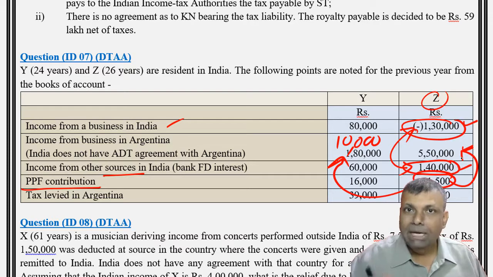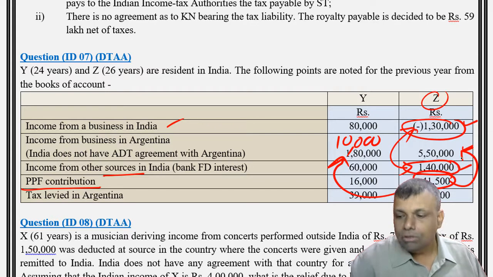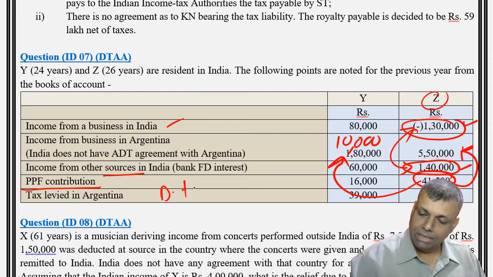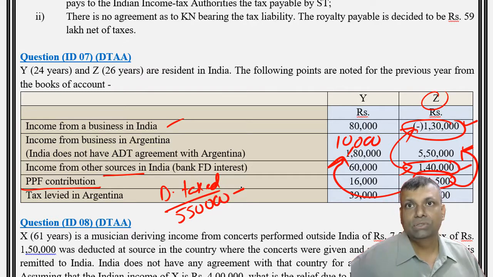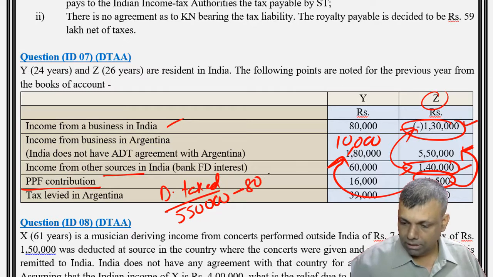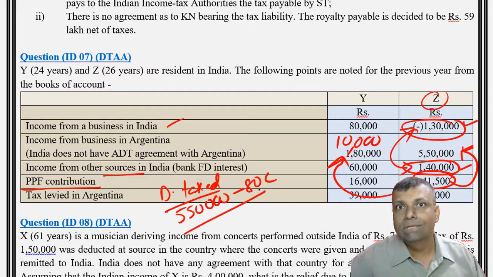So your doubly taxed income, I repeat, your doubly taxed income is not going to be 5,50,000 fully. So your doubly taxed income will be 5,50,000 minus whatever 80C that you are getting against your foreign income.